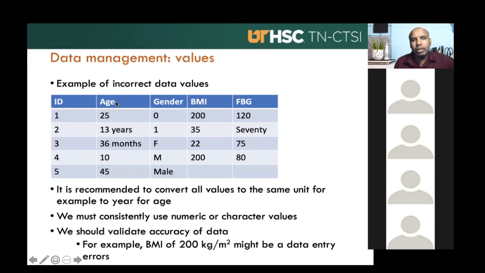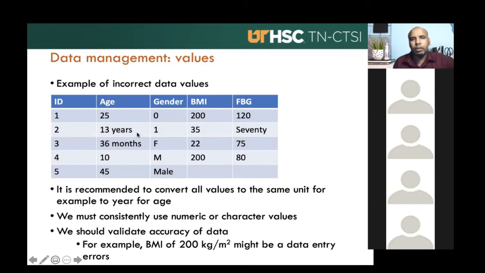So if we want age to be in years, the values in months we have to divide by 12 and convert to years. If we want it in months, we just multiply by 12. But it's very good practice to convert into the same units in your data.